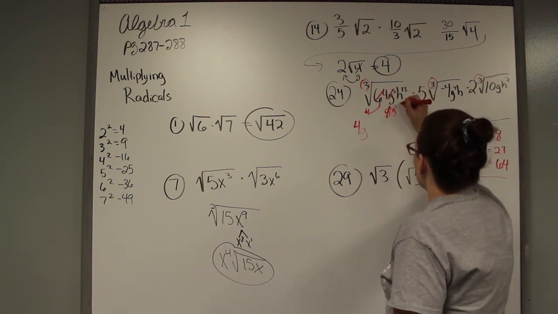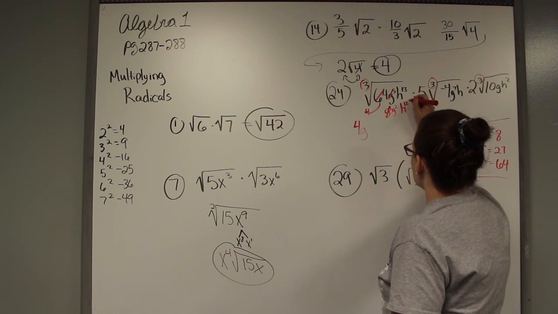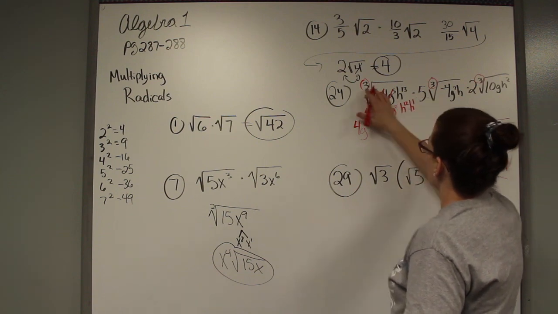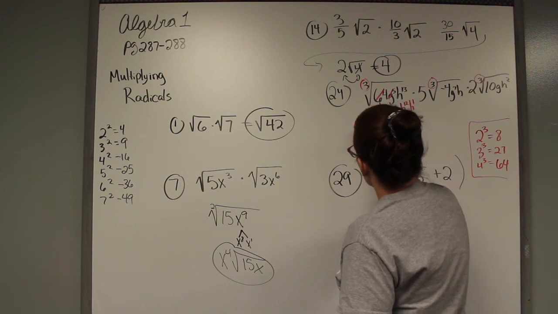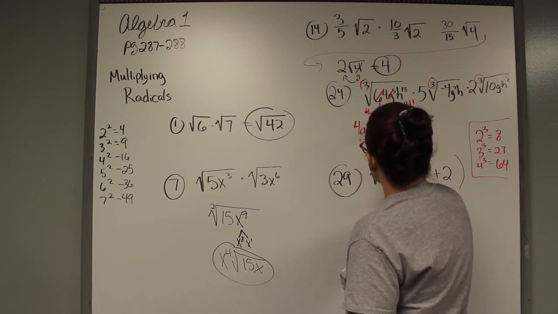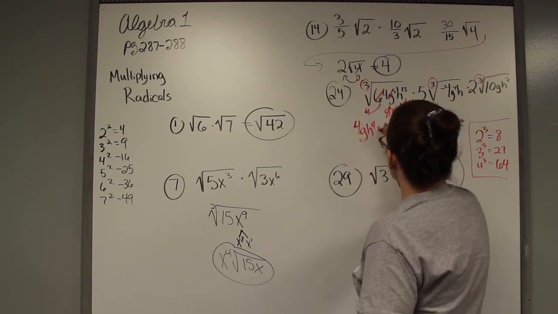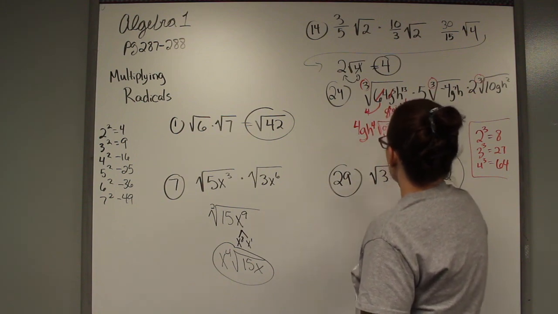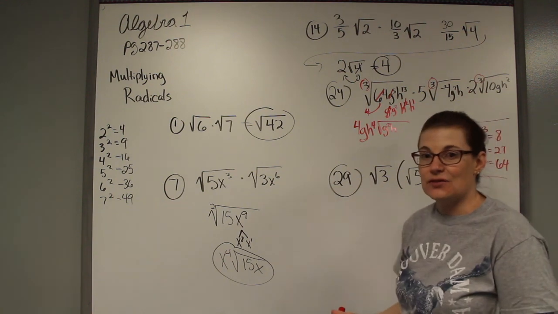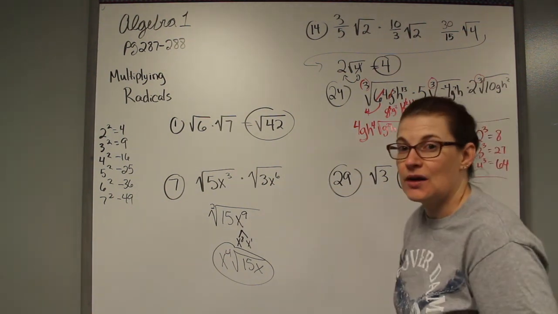And then on this one, I could make this h^12 times h^1. 3 goes into 12 4 times, so h to the 4th would come outside, and h^1 would be left. So inside here, I would just have g^2 and an h. And you don't have to write to the first power. You can if you want to.